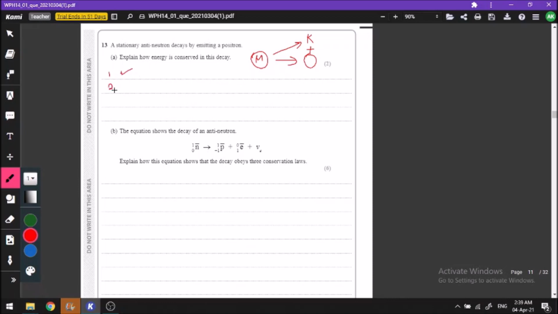The second point is how the mass is converted into kinetic energy, according to what formula. You should have the formula. The missing mass is converted into energy according to this formula: delta E is equal to c squared into delta m. So this is the missing mass, and this missing mass is converted into this amount of kinetic energy. That is point number two.